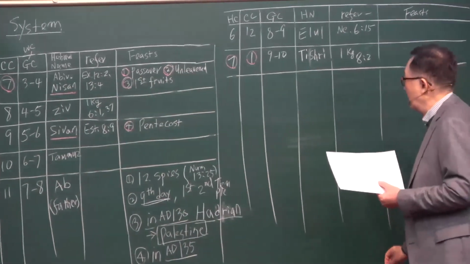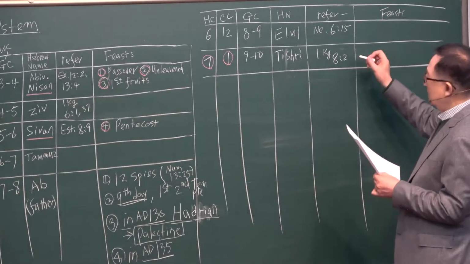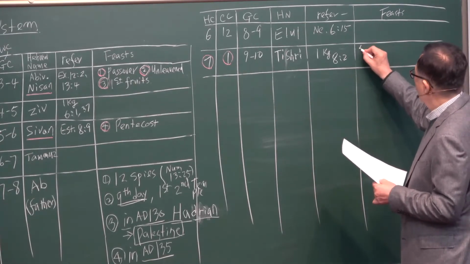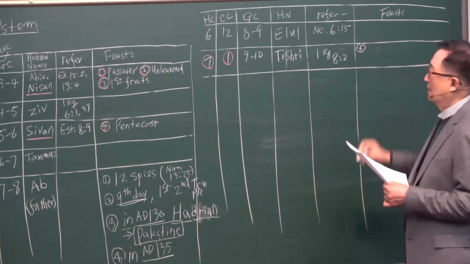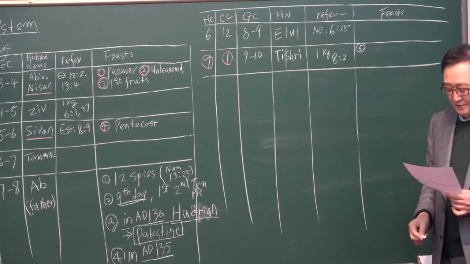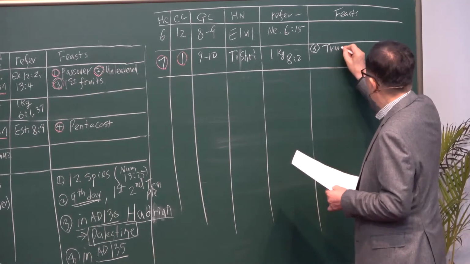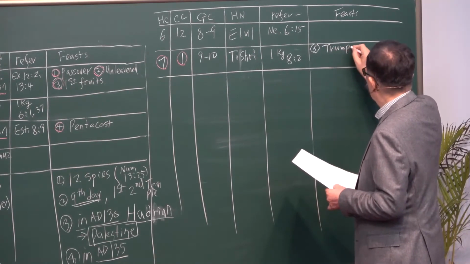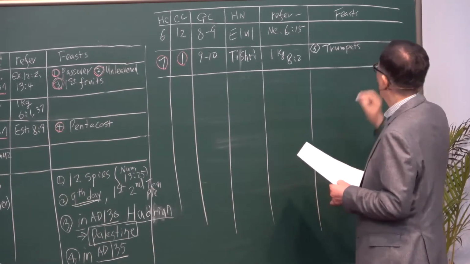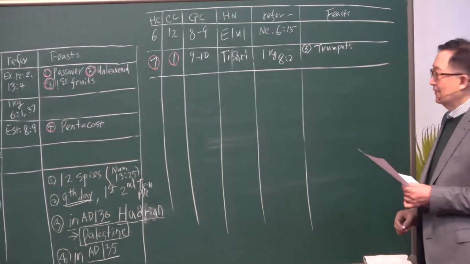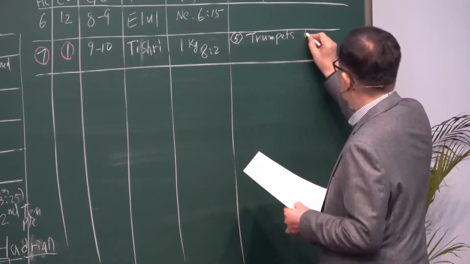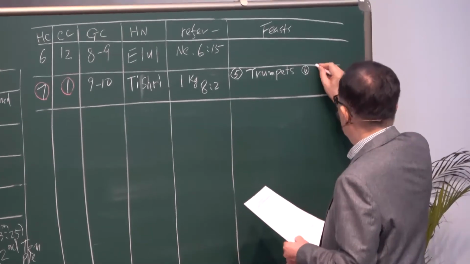Okay, now here, the fifth feast appears. That is a trumpet. Feast of Trumpet. And sixth, the Feast of Atonement.